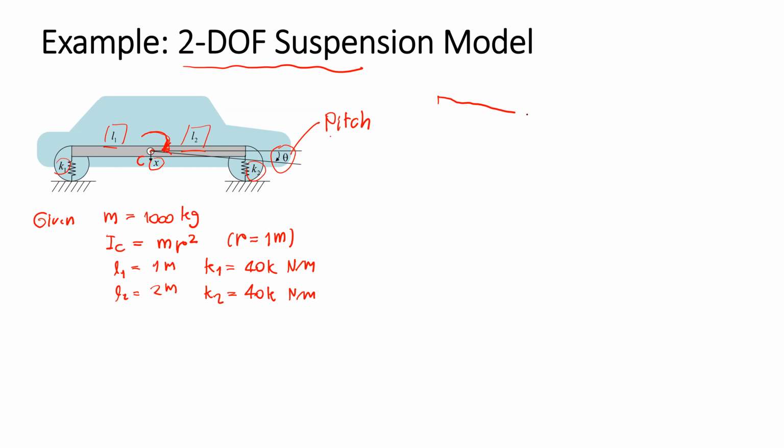If we draw the free body diagram of the car that moves with the displacement of x from the reference and has the inclination of theta in the clockwise direction.